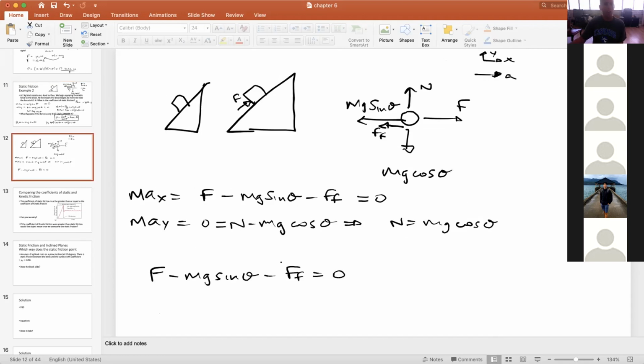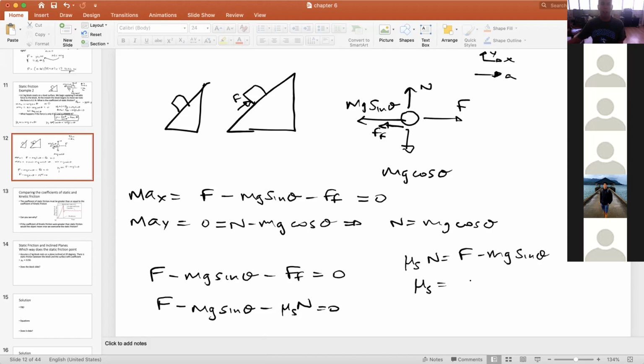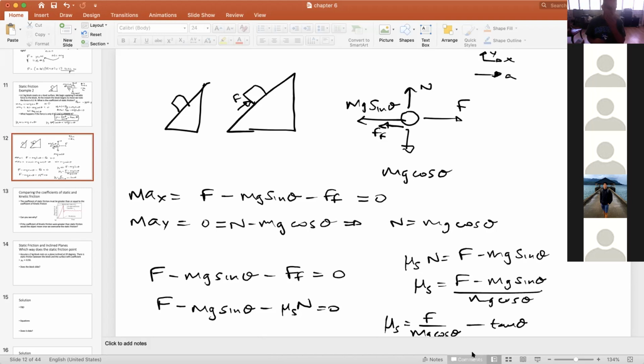The coefficient. So this is F minus mg sine theta minus mu s N, and I want to solve for mu s. Move that over: mu s N is F minus mg sine theta. Mu s is F minus mg sine theta divided by N, but I have N right there, mg cos theta. So mu s is F divided by mg cos theta minus tan theta.